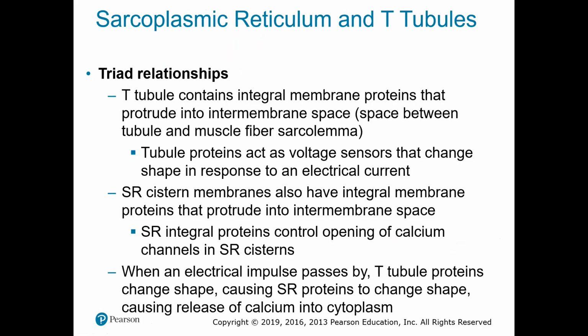The T tubule passes a nerve impulse from the surface of the cell down to the terminal cisterns of the sarcoplasmic reticulum. And the T tubules cause the sarcoplasmic reticulum, the cisterns, to open up and start releasing calcium, flooding the interior of the cell.